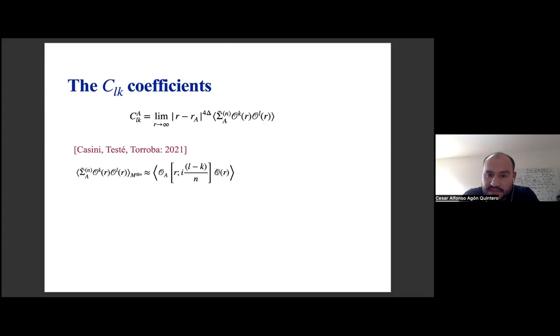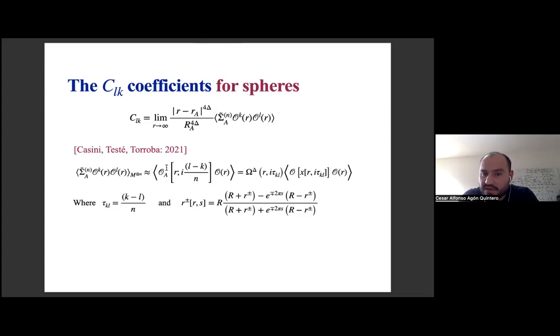What I would like to say is that because this involves the 2-point function of an operator with itself being modularly evolved, these things become very simple for spheres, because for spheres we know exactly the form of this correlator: the modular flow acts locally, and you can just write it down in terms of the ordinary 2-point function with a particular conformal factor.